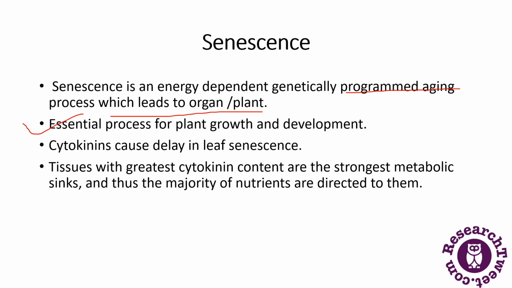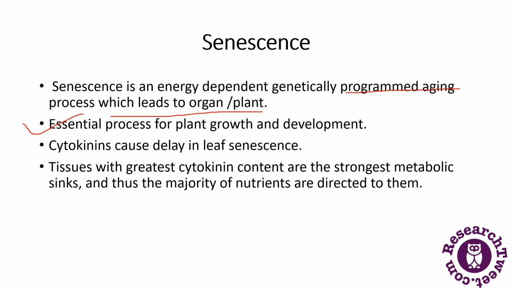The concentration of endogenous cytokinins decreases in most senescing tissues, and exogenous application of cytokinins delays senescence in most tissues. The mechanism by which cytokinins delay senescence is not very clear. There is not much study which has been done, but there is some evidence that cytokinins play a role in mobilizing nutrients.